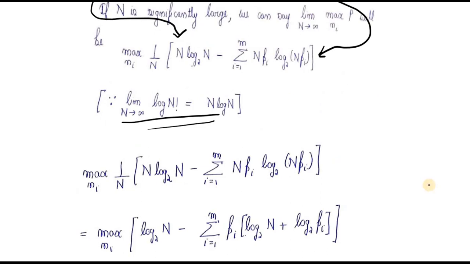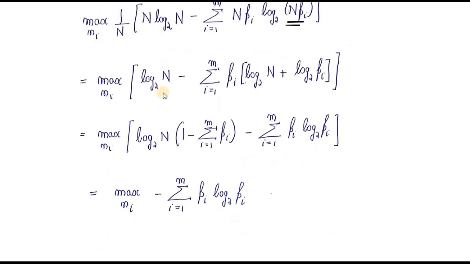So we will solve this a little bit further by again applying the property of logarithms over here, like log a into b is log a plus log b, and eventually we get something like this.